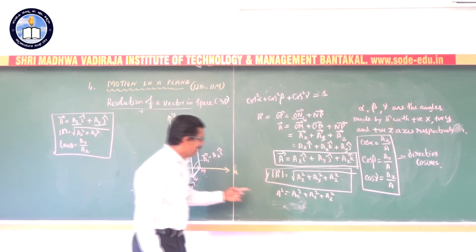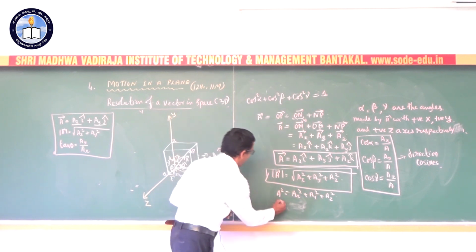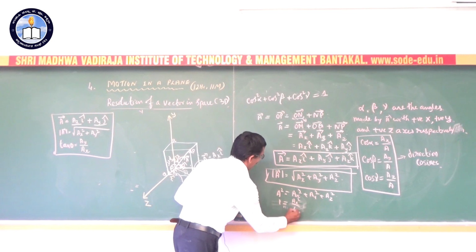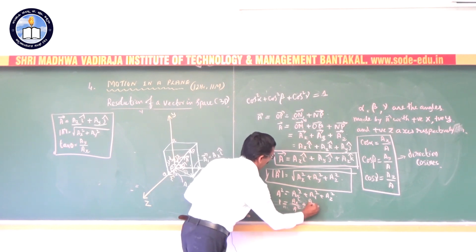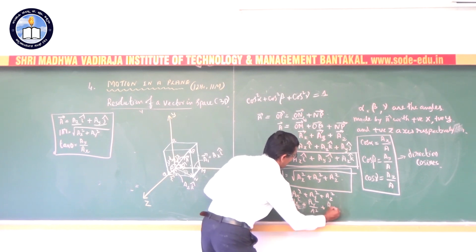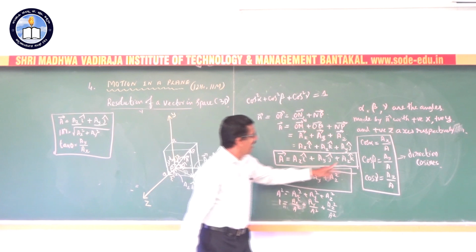Right? If I divide by A square, I get 1, which is equal to AX square by A square plus AY square by A square plus AZ square by A square. What is AX by A?